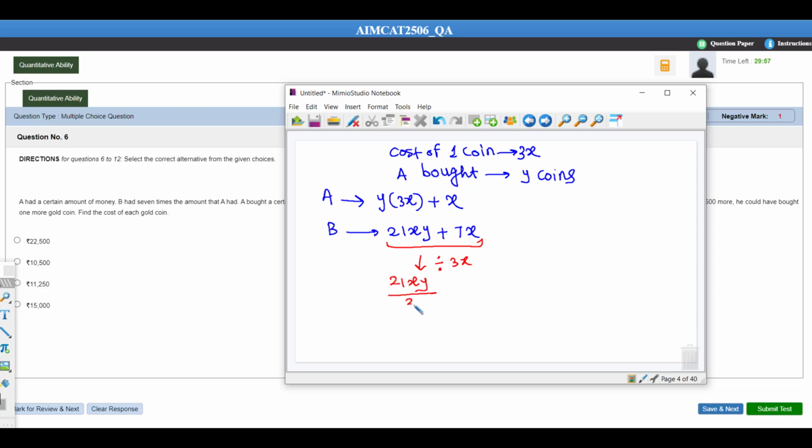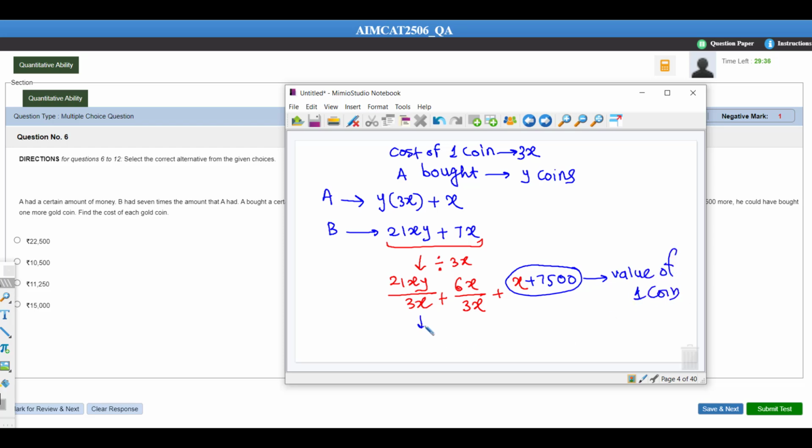21xy divided by 3x, these many gold coins. 7x you can write as 6x plus 3x. 6x divided by 3x, and now x rupees are remaining. Now if he has 7500 more, it means this is the value of one coin.